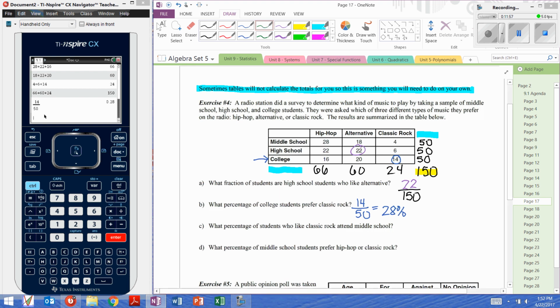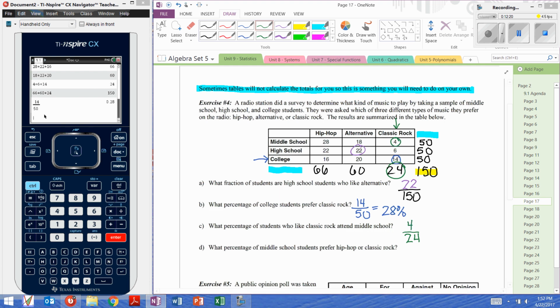All right, C. What percentage of students who like classic rock? Okay, so now we're looking at the classic rock category. That total is 24. So what percentage of students who like classic rock attend middle school? So what are the middle school kids? That would be 4.